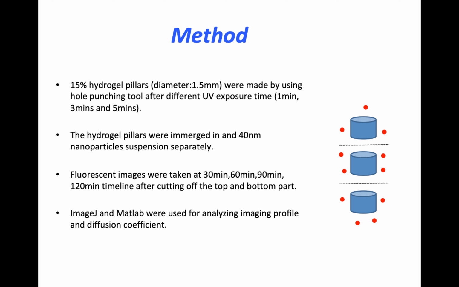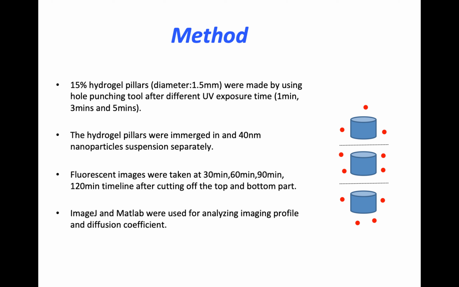Usually, of course, we can use confocal microscopy, but if we can find an easier or cheaper way, that will be a good thing for the lab worker. So in this case, I ignore the confocal microscope. I would like to use the normal optical microscope.